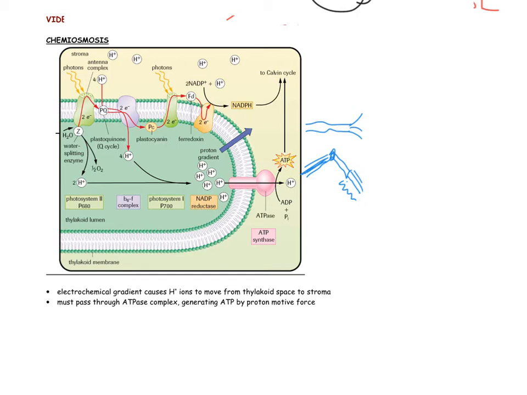And that generates that proton motive force that's going to phosphorylate ADP into ATP so that it can be utilized to fuel the Calvin cycle. Now, we didn't mention this, but you have to remember also that NADPH from our electron transport chain, that final electron acceptor, is going to move on also to the Calvin cycle and help to fuel that process.